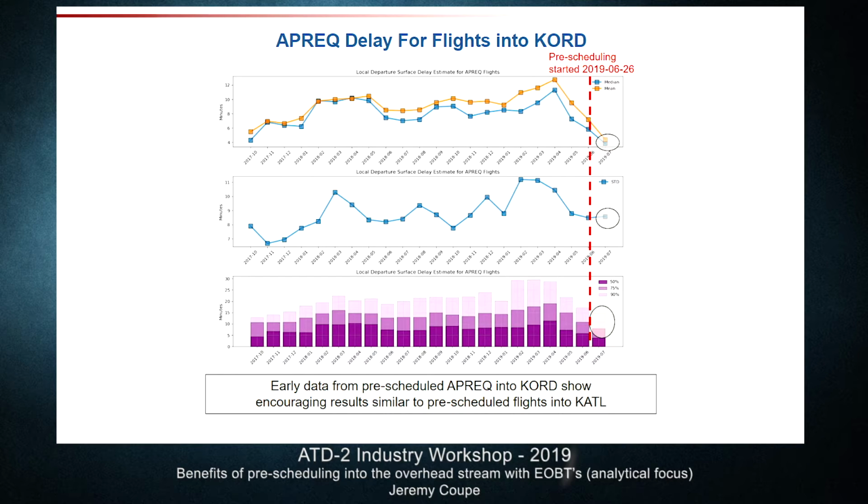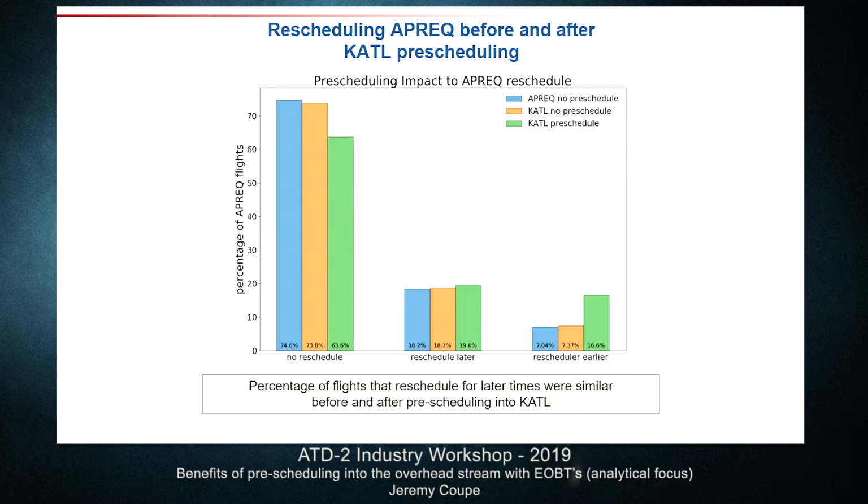We only have one month of data here for O'Hare, but overall I think O'Hare is starting to show some of the same benefits that we were seeing in the Atlanta data. So we want to continue to collect the O'Hare data and confirm that all those same benefits we saw for Atlanta, we can also recover here for O'Hare.